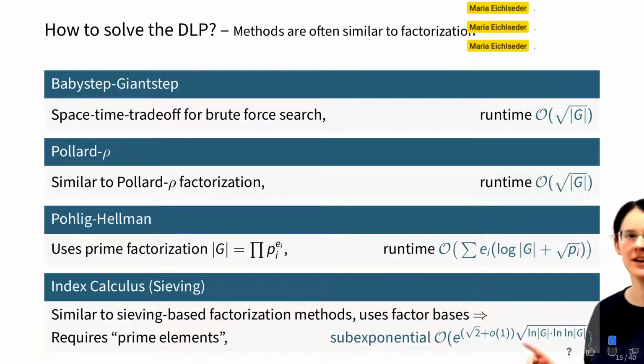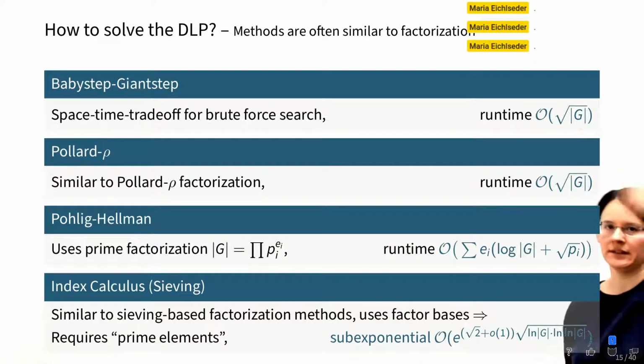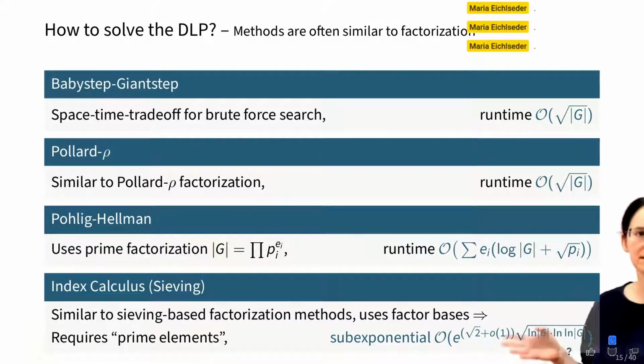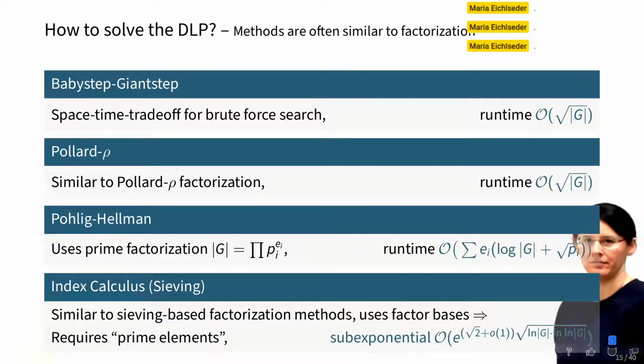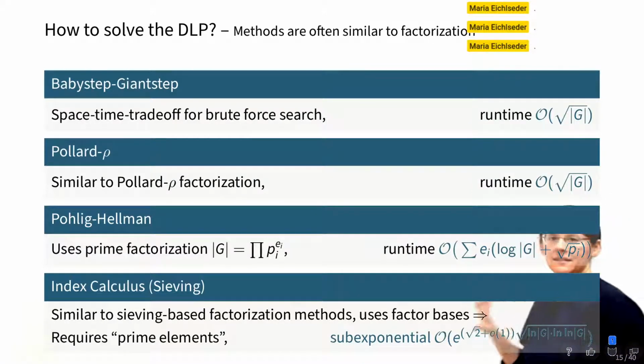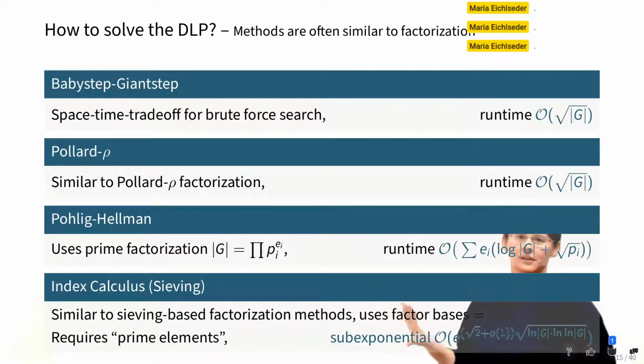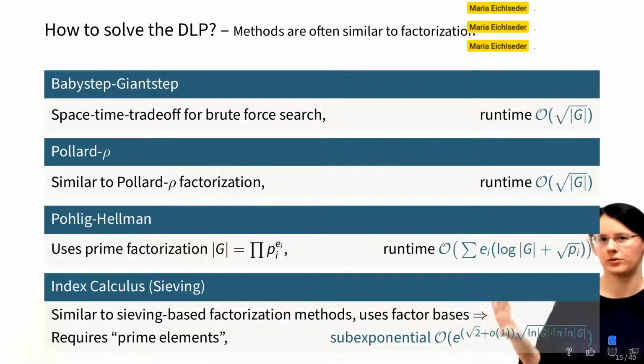And in particular, this is a sub-exponential runtime. These here are exponential with respect to the representation of elements in G, because the size of elements in G is log G, whereas this is sub-exponential, meaning we would need much larger elements than just twice the security level. And one important thing about this algorithm is that it doesn't work for all groups.